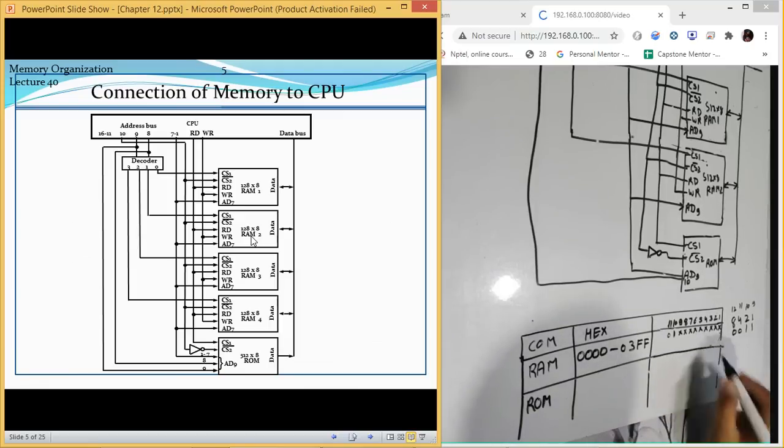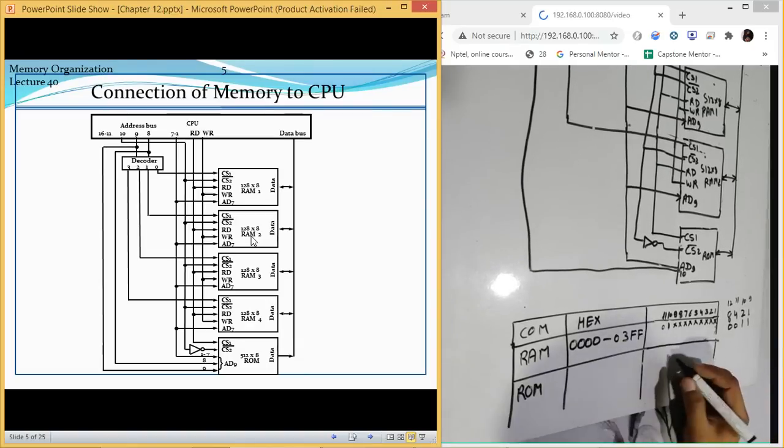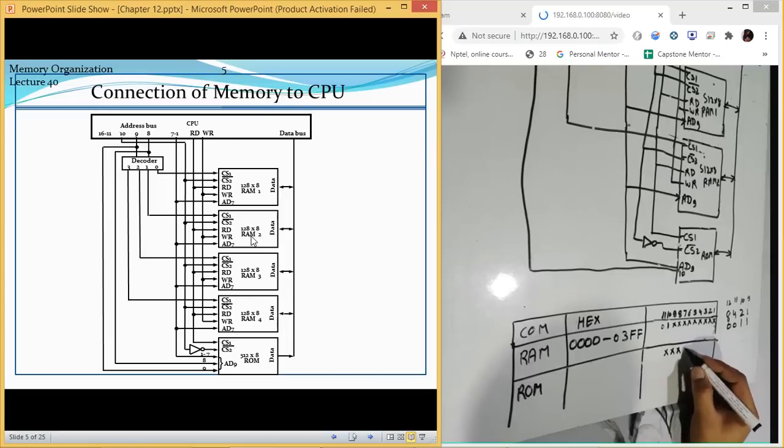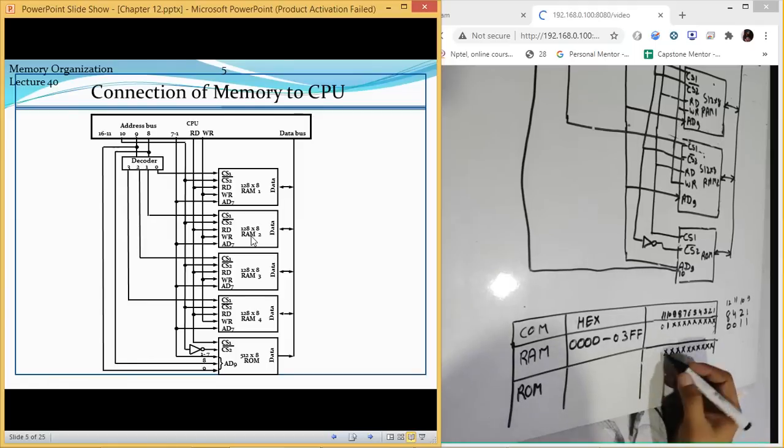Now let us talk about the ROM chip. Now what will be the address for that? As we know that it requires 10 lines for address only. This is 8, 9 and 10. These 10 lines are just for address. Now its decision is based on this 11th bit, whether this is 0 or 1.